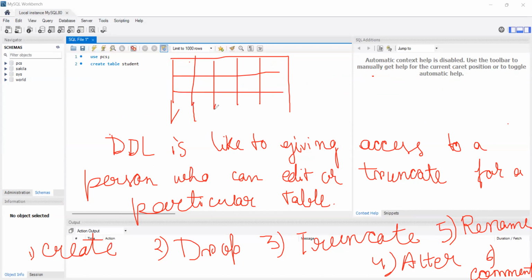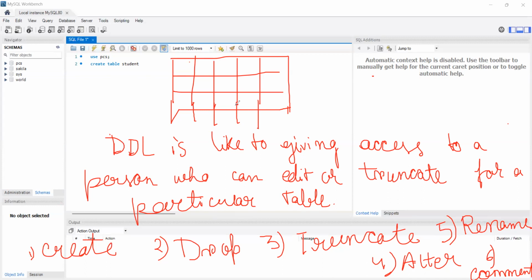When you use truncate, it will delete all the records from the table, but not remove the table structure.